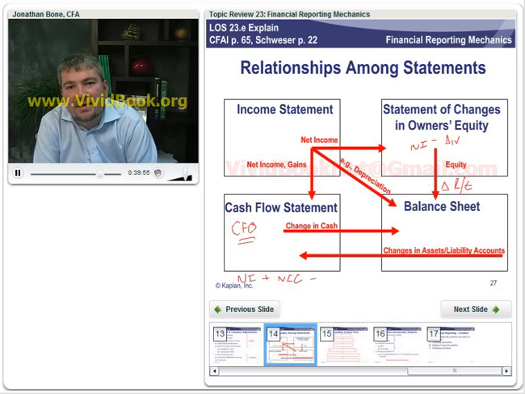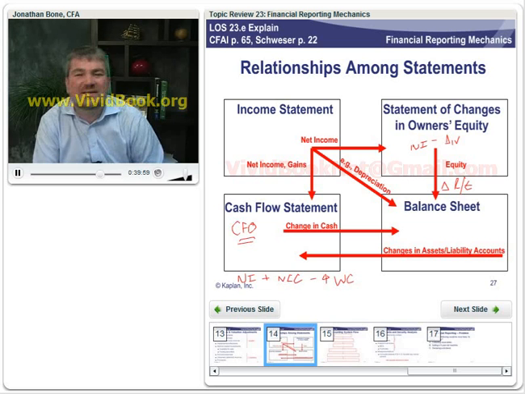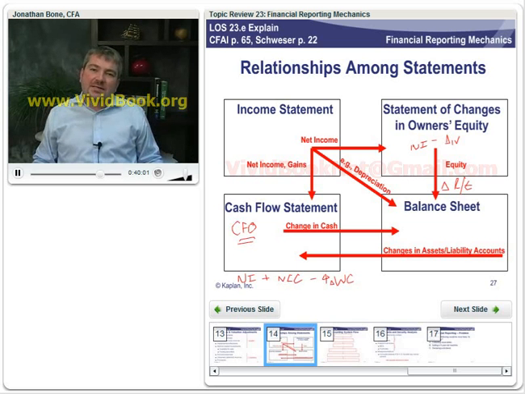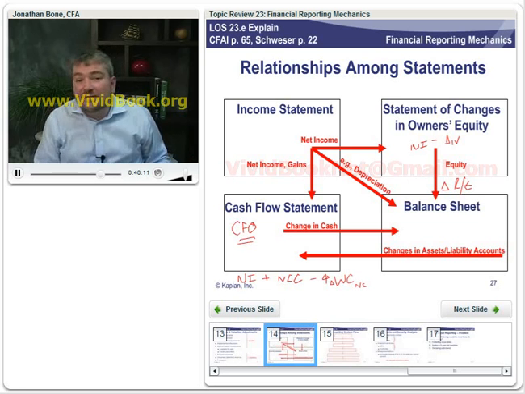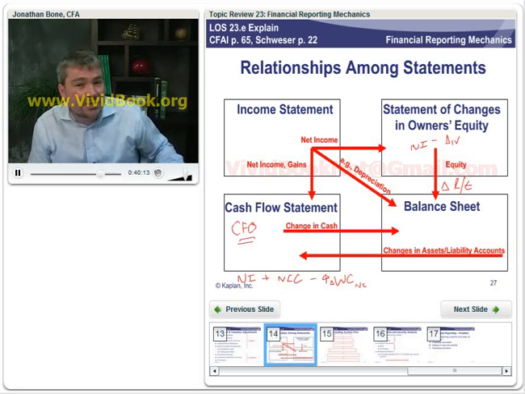Okay, so that any change in working capital, and I'll put non-cash next to it. Now again, I don't want you to worry about that just yet. We're going to do cash flow statements, and we'll talk about that more a little bit later. But of course, the total cash flow statement, we have three classifications, CFO, CFI, and CFF. Don't worry about those just yet. But the cash flow statement shows us the change in cash.